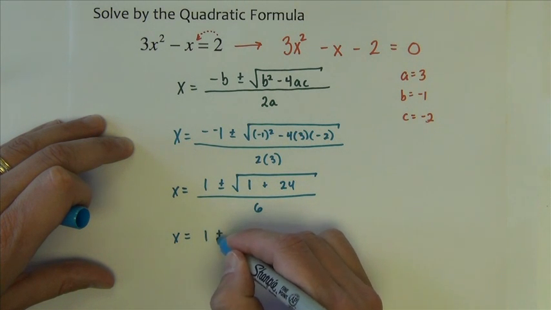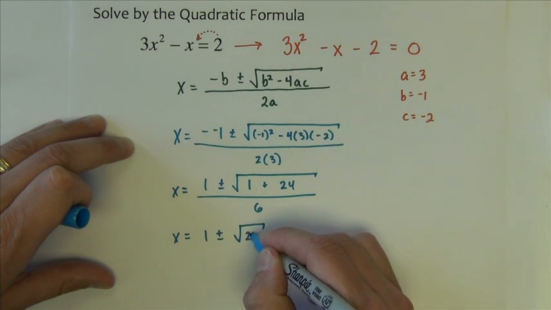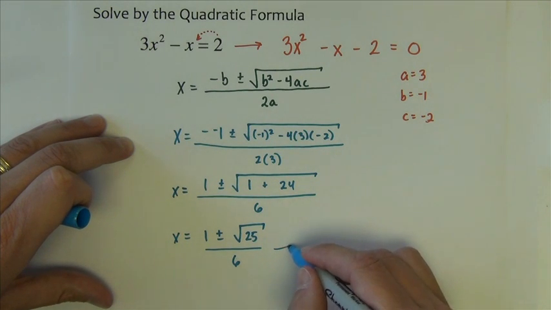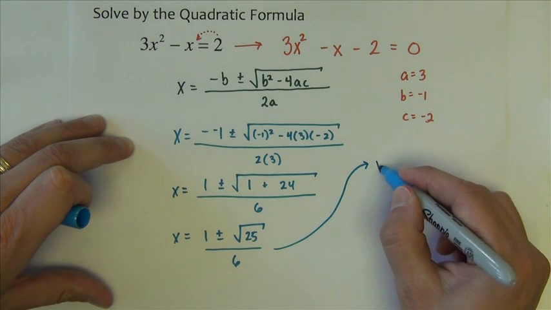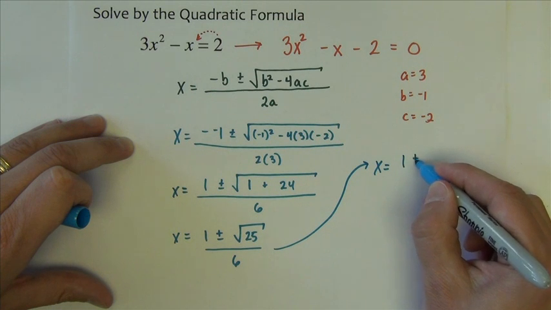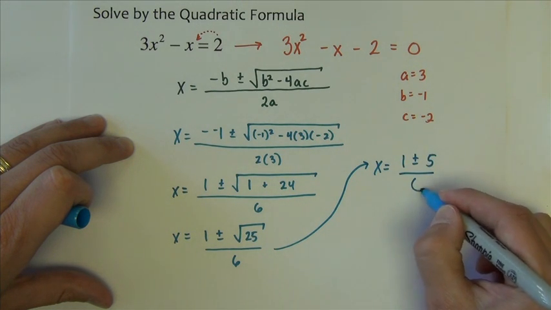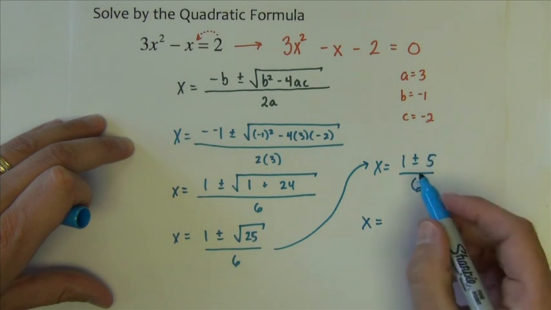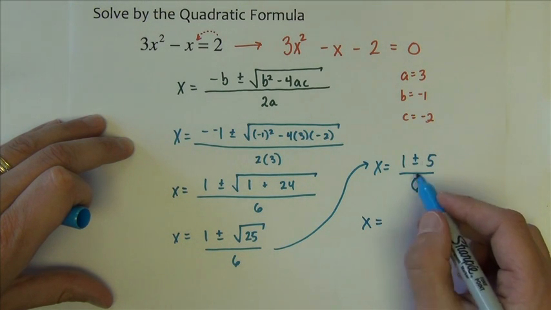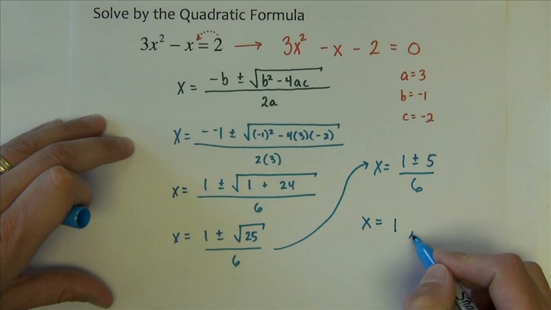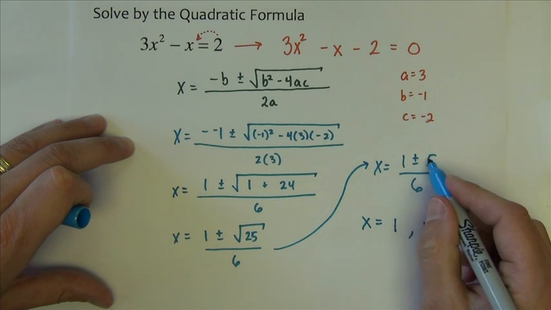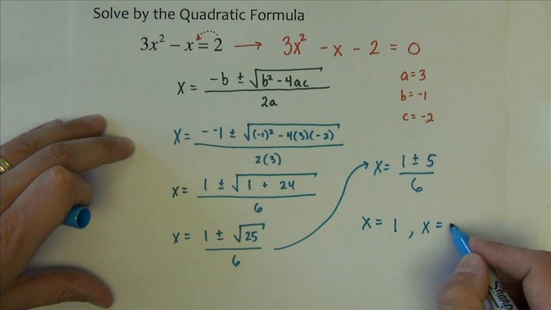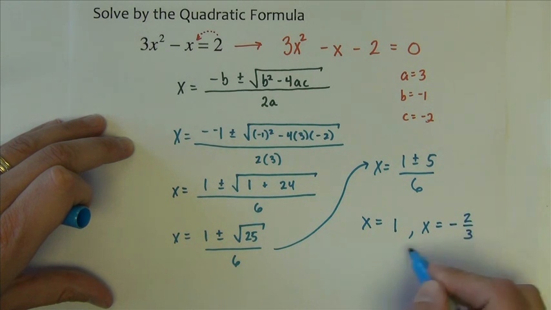So we get 1 plus or minus square root of 25 over 6. I'll come over here to finish. Get 1 plus or minus 5 over 6. And now we work out the plus and the minus. 1 plus 5 divided by 6 is 1. 1 minus 5 divided by 6 reduces to negative 2/3.